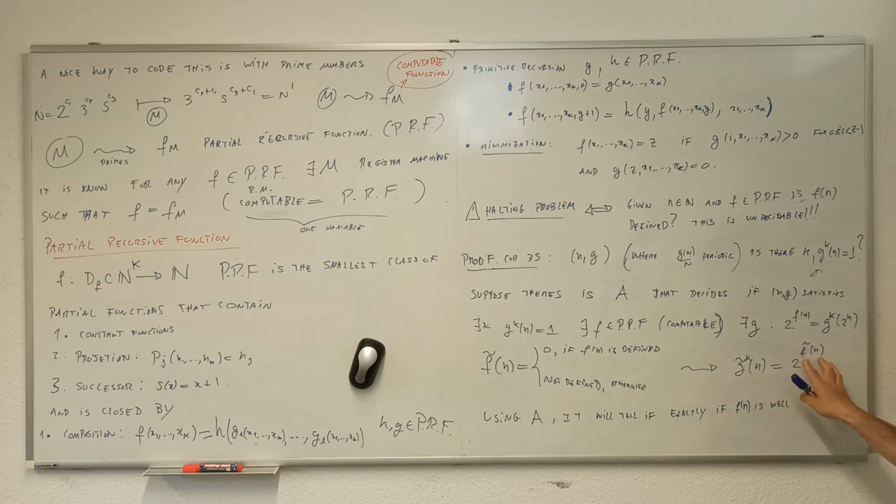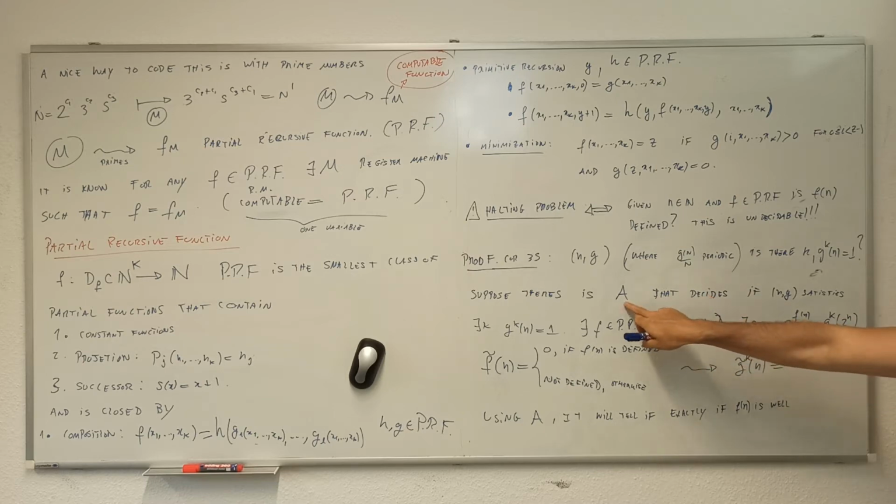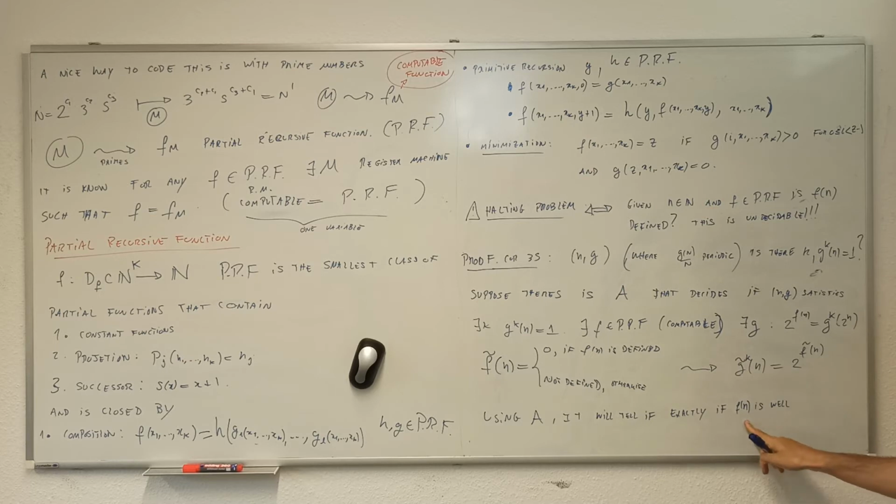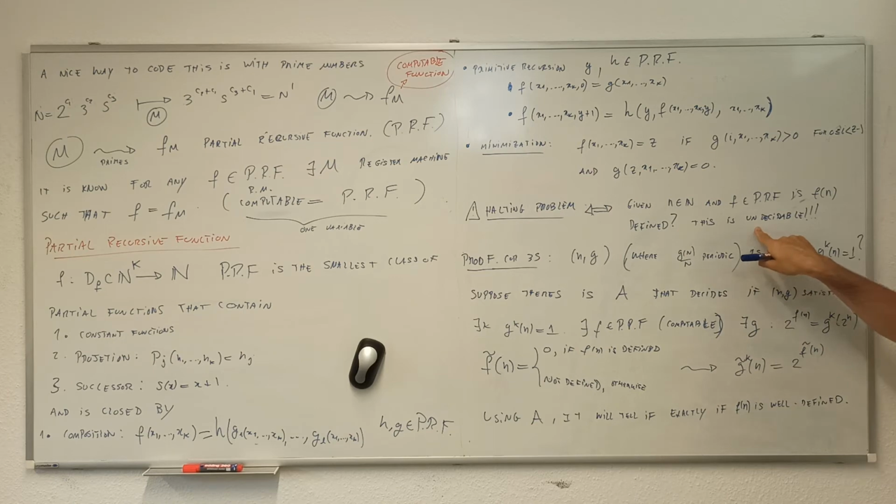This is exactly when I can iterate g tilde and get to 1, which is what the algorithm A supposedly does. In particular, it's finding an algorithm that, for a given f and a given integer n, tells if f(n) is well defined, and that's undecidable.